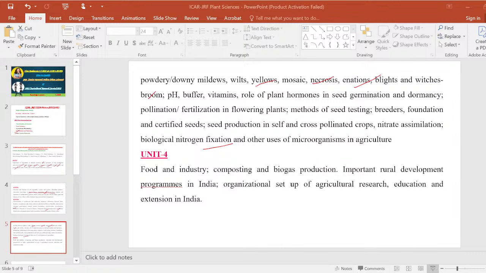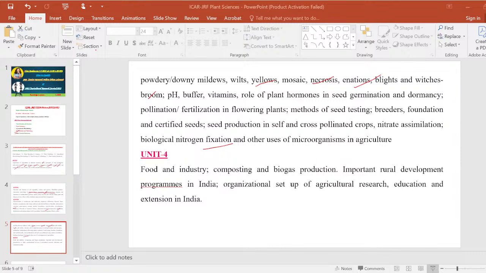Coming to the preparation plan, how to prepare for JRF Plant Sciences. First, you have to make a well organized study plan, that is, what different topics have to be covered in different time periods, like making a study plan at weekly intervals. Then decide what study material you should use, which standard textbooks and notes you have to follow, and don't shuffle between textbooks. If you are reading one textbook, just stick to that book.